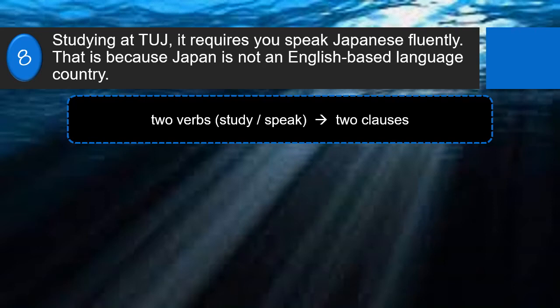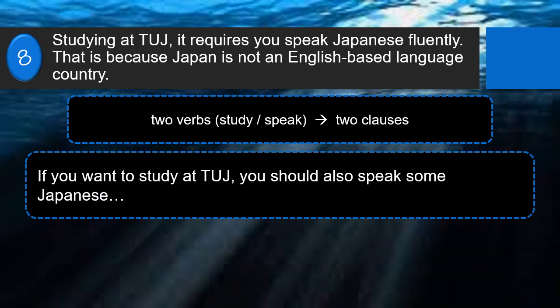Finally, before we look at the first sentence, you got two verbs, study and speak. Why not use two clauses? One verb, one clause. Keep it simple. If you want to study at TUJ, you should also speak some Japanese. Not fluently, but some definitely helps. And should shows that it's a good idea, but not a requirement. Should instead of must.